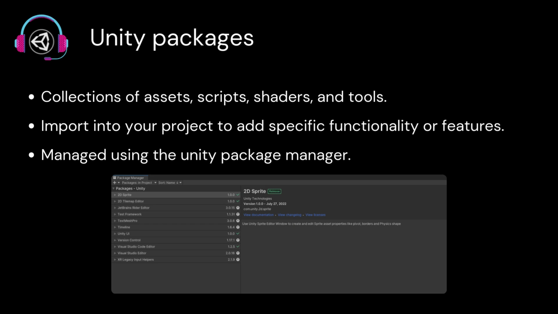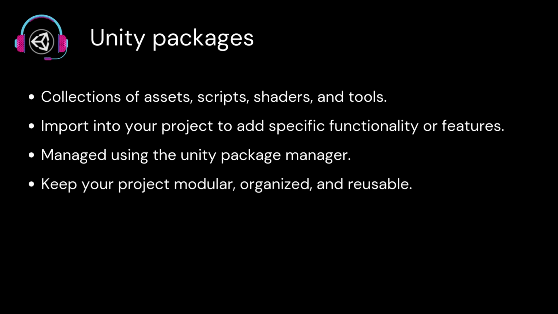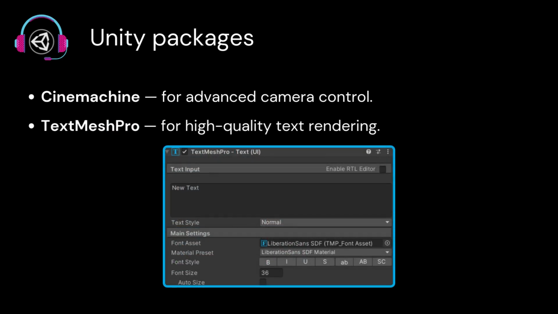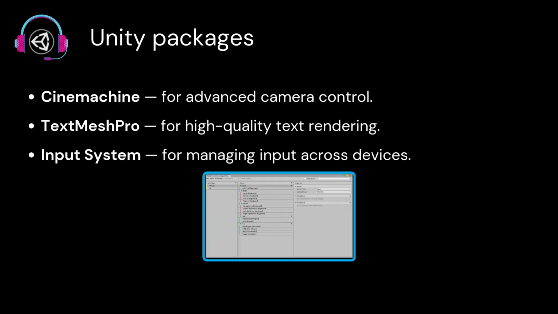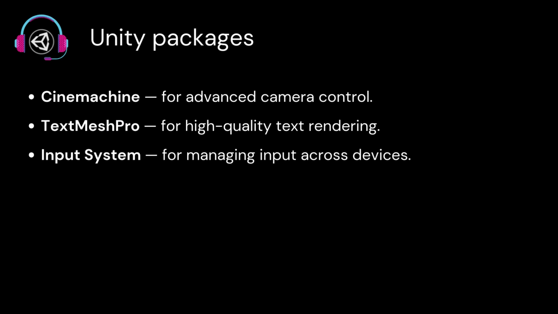Using packages keeps your project modular, organized, and reusable, especially across multiple projects. Some popular Unity packages include Cinemachine, TextMesh Pro, and Input System. Overall, Unity packages are a key part of a clean and scalable development workflow. Move forward to the next question.